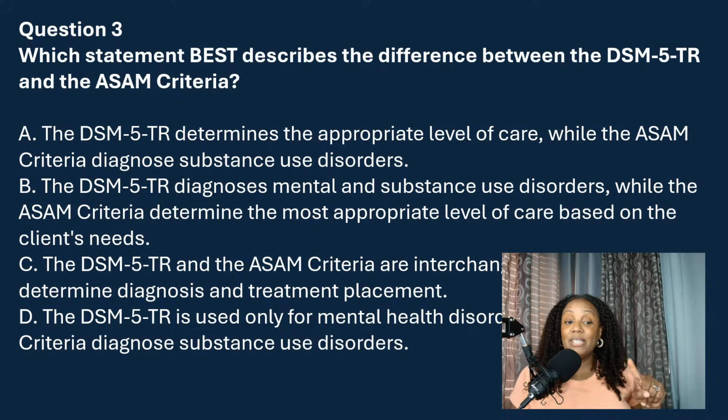C, the DSM-5 and the ASAM criteria are interchangeable because they both determine diagnosis and treatment placement. Or D, the DSM-5 is used only for mental health disorders, while the ASAM criteria diagnose substance use disorders.